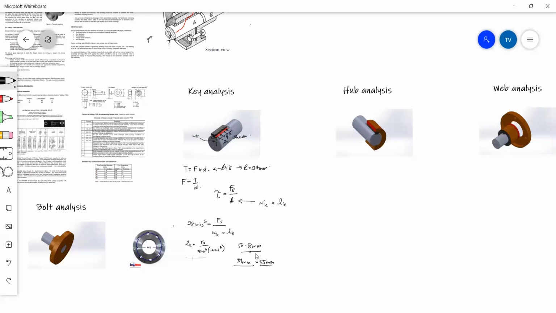If we use, instead of the 28 to the exponent positive 6, can't we use the torque we calculated from the torque analysis and just find the area? Because we'll be finding the shear force of the key analysis in part 1. So can't we just directly find the area by substituting torque and shear force? Can we substitute torque and shear force instead of shear stress?